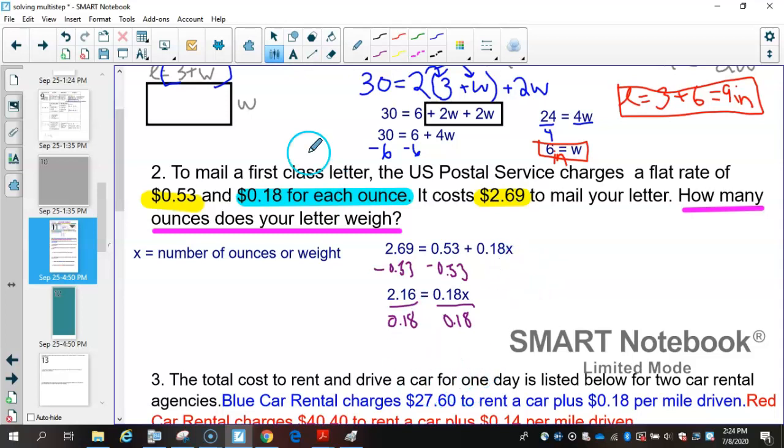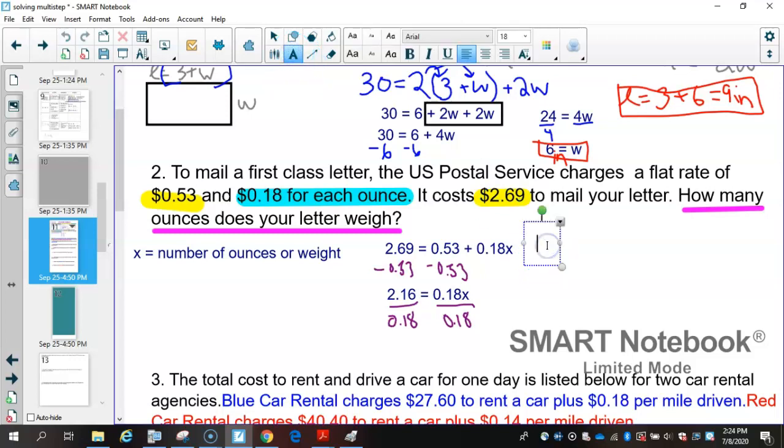Right, so once you do that, you should get x equals 12 ounces.